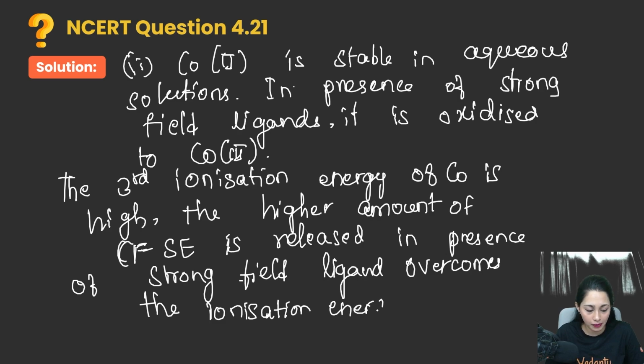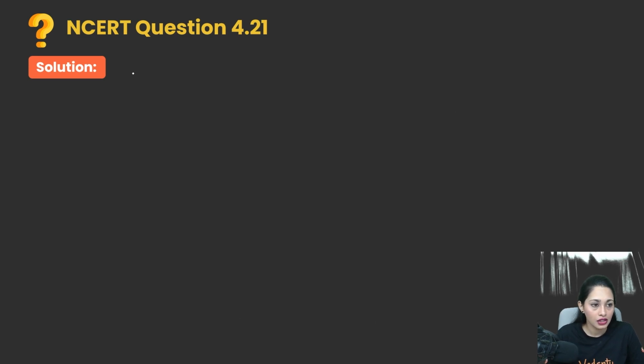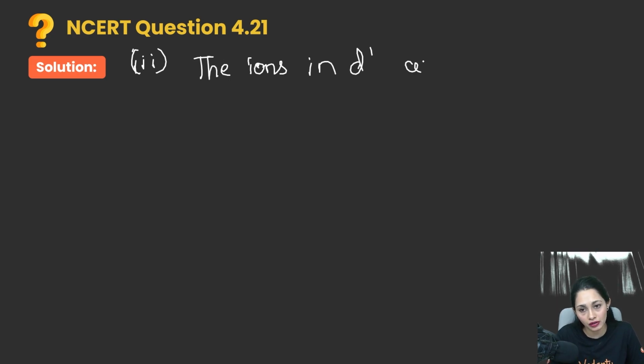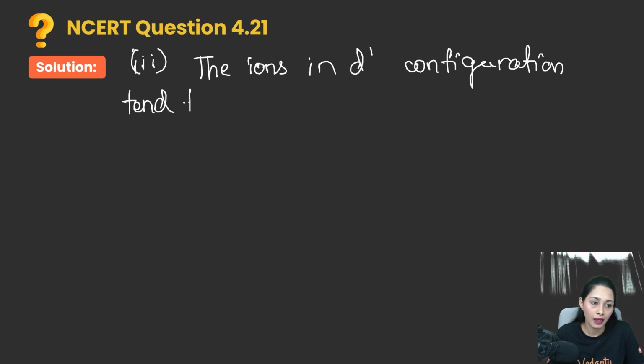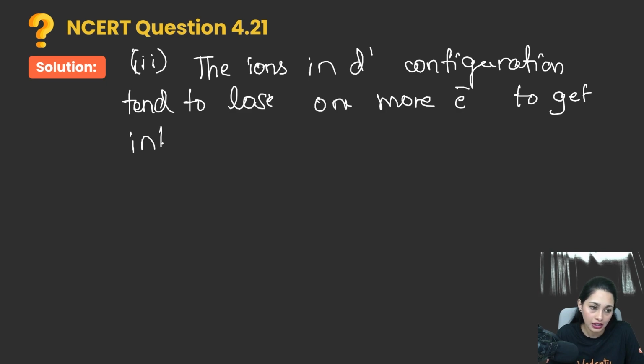Moving on to the third sub question. The d1 configuration is very unstable in ions. So the ions in d1 configuration tend to lose one electron to get into the stable d0 configuration.